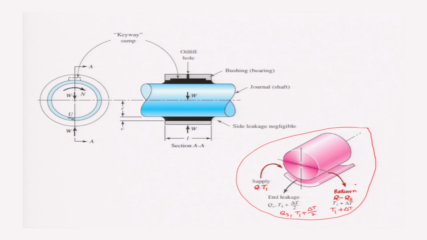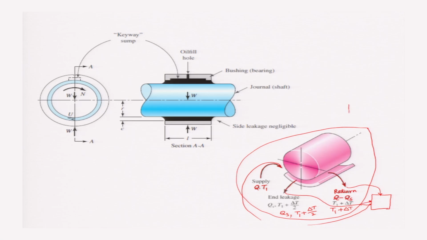In this analysis, we had taken a sump where the lubricant was coming in and going out. From this sump, the lubricant was going to the clearance space and coming out as a return, and it was coming into the sump through the end leakage.